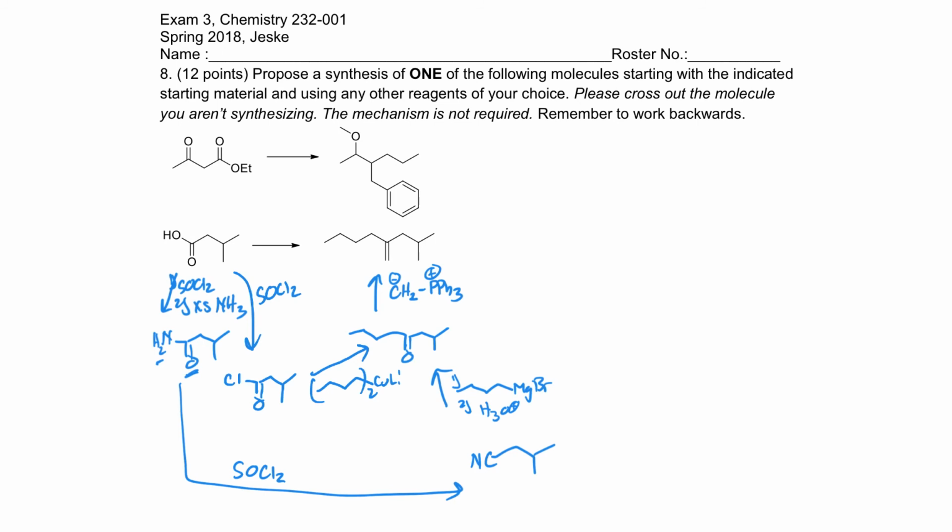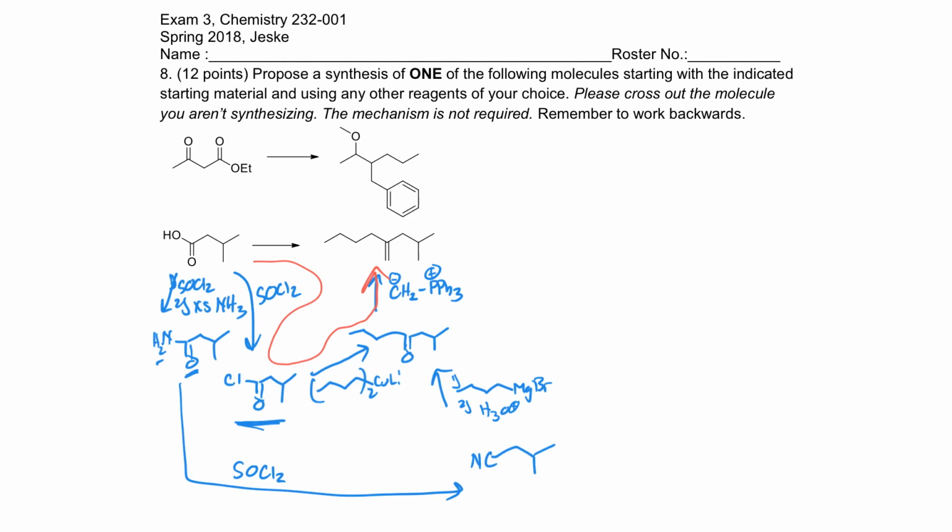Remember that cuprates do not react with aldehydes and ketones, so they will react with this highly reactive acid chloride but produce the ketone, and that will allow us to use the Wittig to add the final carbon. So this pathway here is probably my preferred pathway. It is only 3 steps, and it's pretty straightforward.